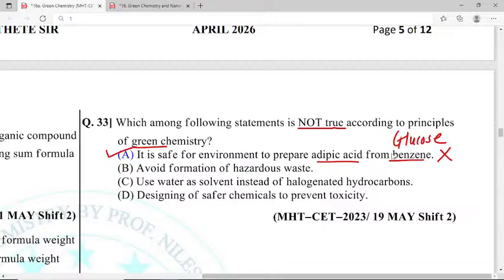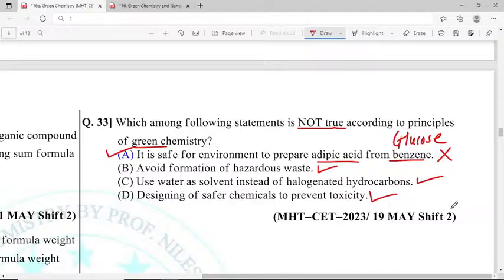Avoid the formation of hazardous waste: yes, correct. Use water as a solvent instead of halogenated hydrocarbon: yes, correct. Designing safer chemicals to prevent toxicity: yes, correct. So which statement is not true? Preparing adipic acid from benzene, instead of from glucose. So this is not true.